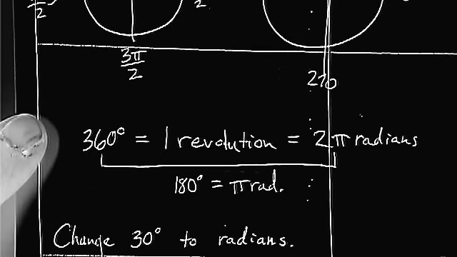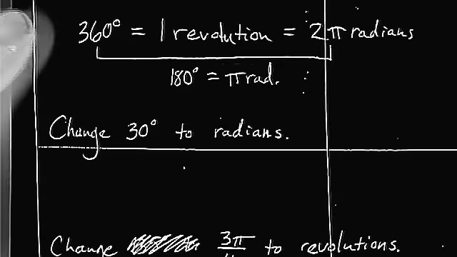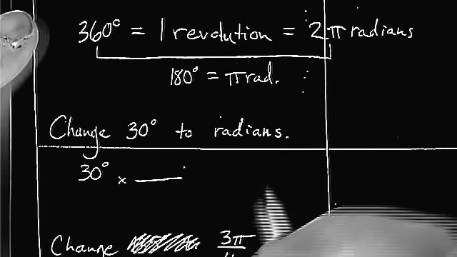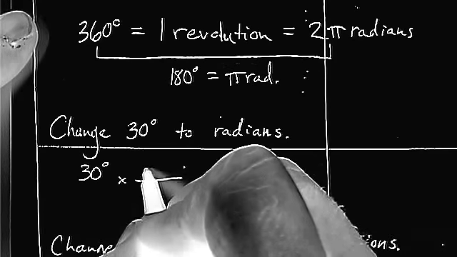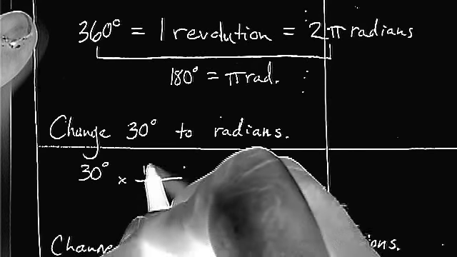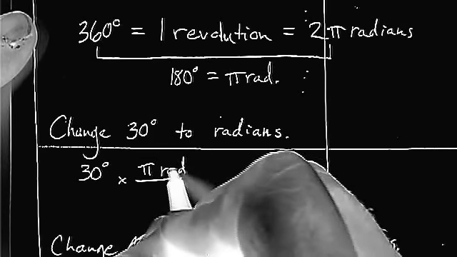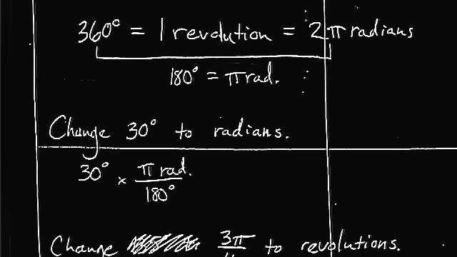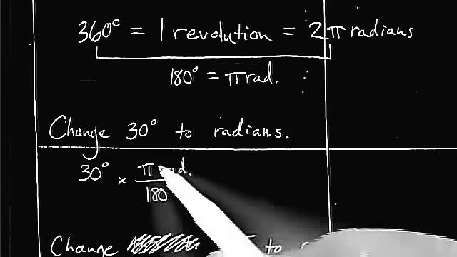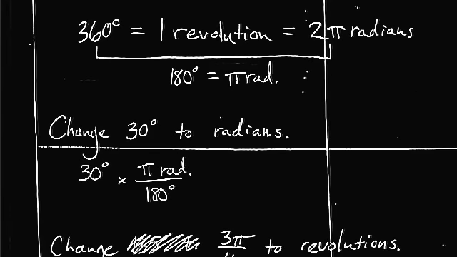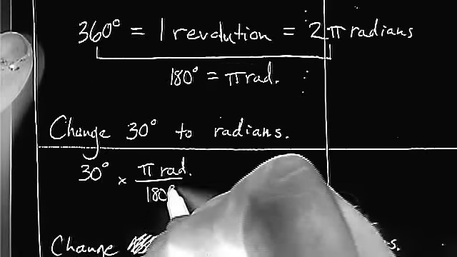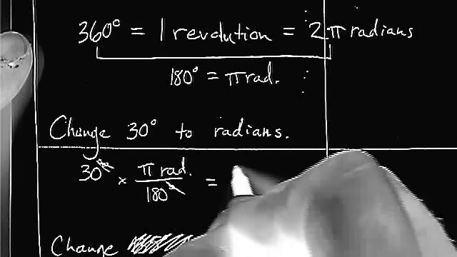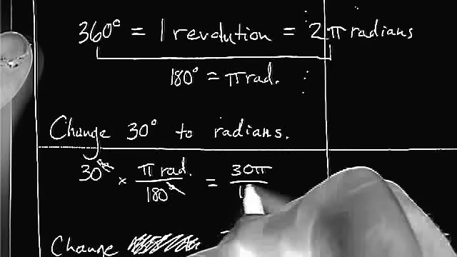So how do you change 30 degrees into its radian counterpart? Well, perhaps you've seen unit conversions. The one that you want to keep stays on the top, and the one that you want to get rid of is in the bottom. I chose pi and 180 because they are equivalent measures. I want the radian measures to stay, but I see that the degree units will cancel out, leaving me 30 pi over 180.